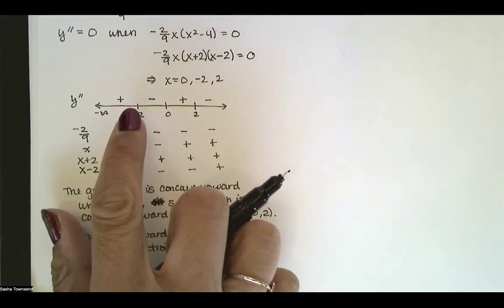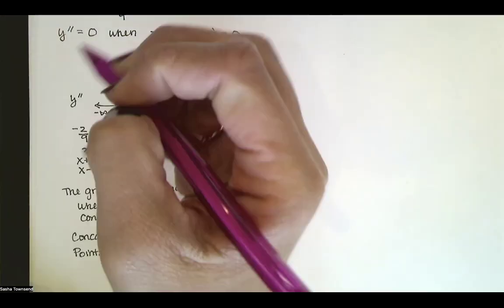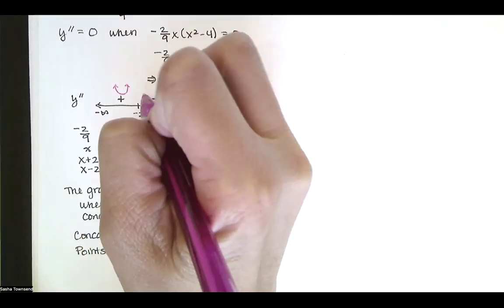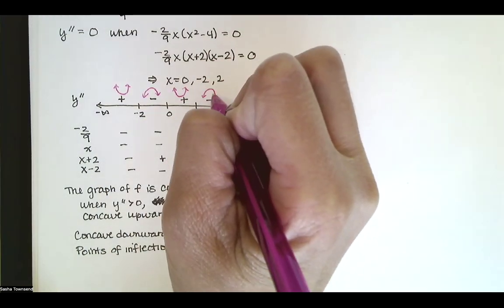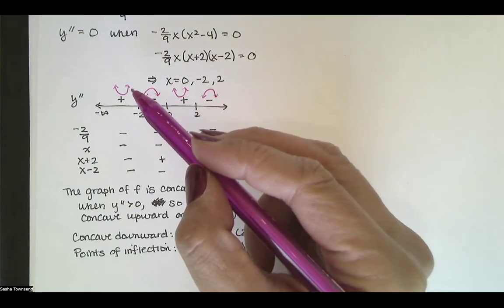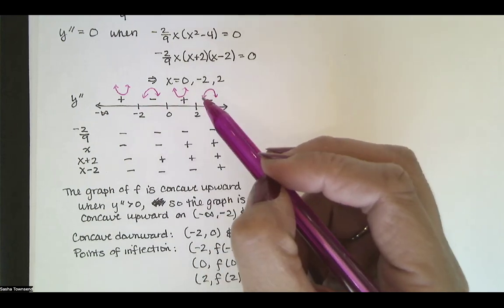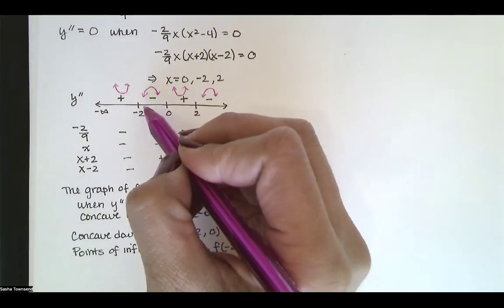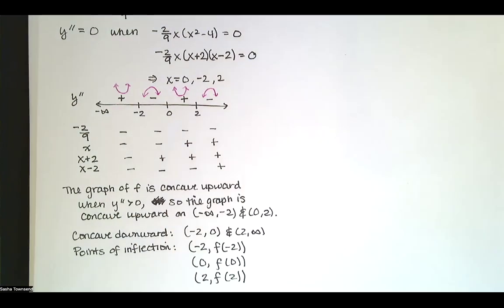So we actually got 3 of them because our graph is concave upward here, concave downward here, concave upward here, and concave downward here. And there's going to be a point where it changes. And that point where it changes from concave upward to concave downward, or concave downward to concave upward, corresponds to the ordered pair given by these three x values and their corresponding y values.